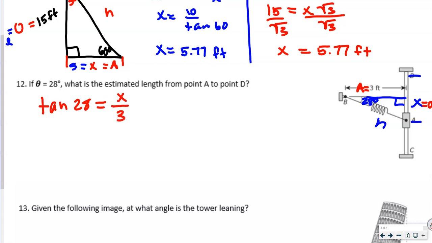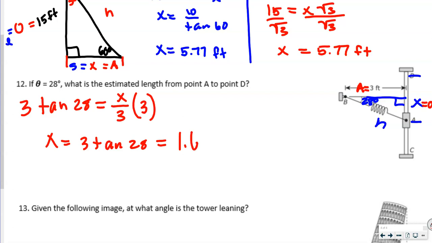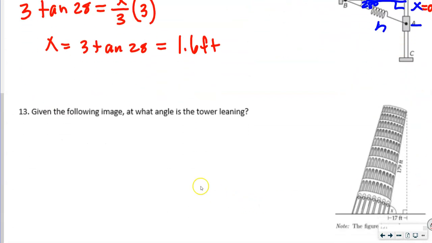Now remember, when we have a number in the denominator, we got to multiply both sides by it to get rid of it. So x is going to be equal to 3 times the tangent of 28. And again, you can put this right in the calculator just that way, and it's going to give you 1.6 feet.